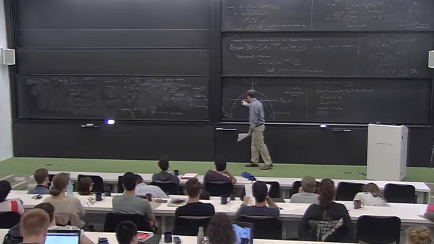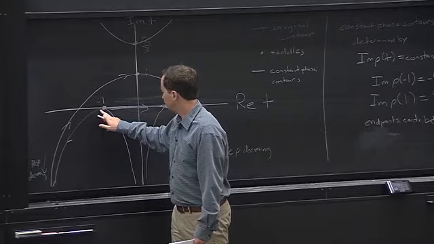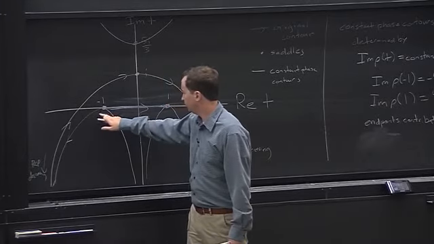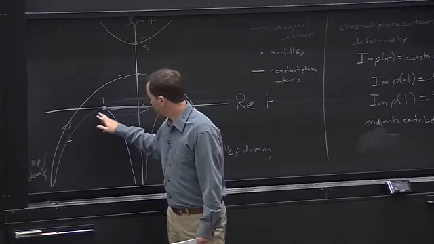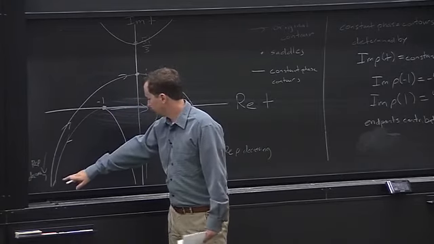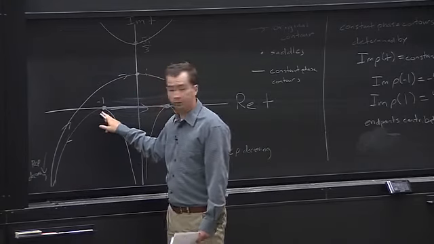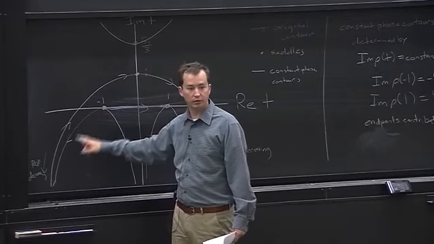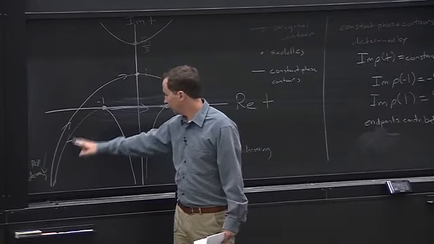So this boundary point will always be the dominant contribution if there's no saddles on that constant phase contour.